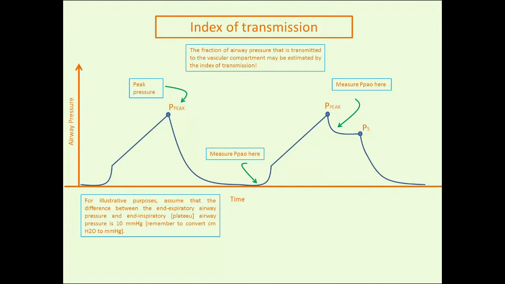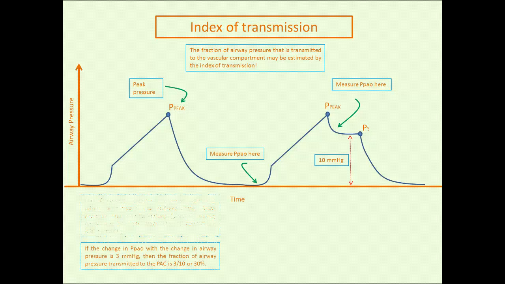So a difference in expiratory and inspiratory plateau pressure of about 13 centimeters of water will translate to 10 millimeters of mercury. Again, I'm just picking this number to make the math easy for illustrative purposes. So the change in airway pressure here is 10 millimeters of mercury.